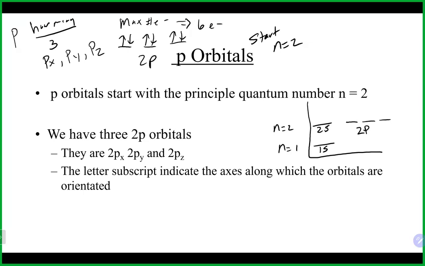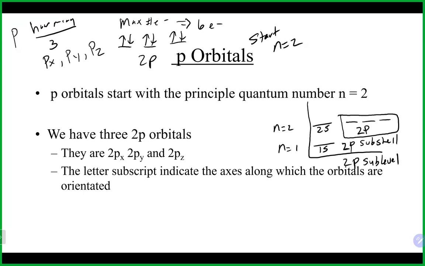electrons maximum in what is referred to, by the way, as a p subshell or a p sublevel. So all 3 of these p orbitals, which are on the same energy level, are what is referred to as a p subshell. Some books will call it a p or a 2p subshell, if you want to get more specific, a 2p sublevel.